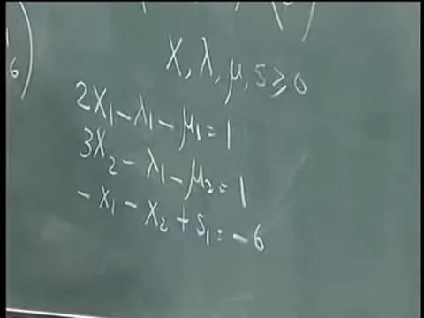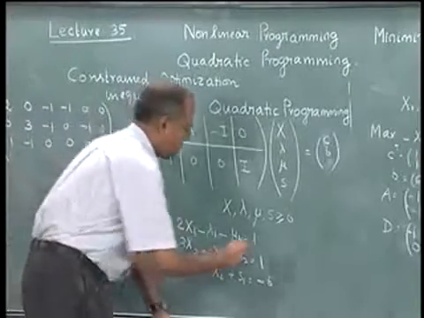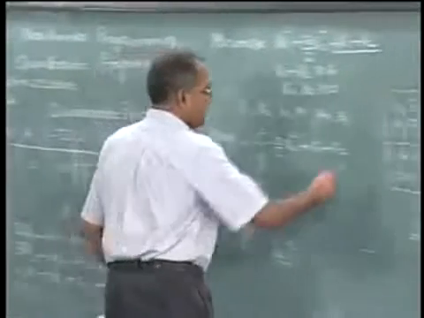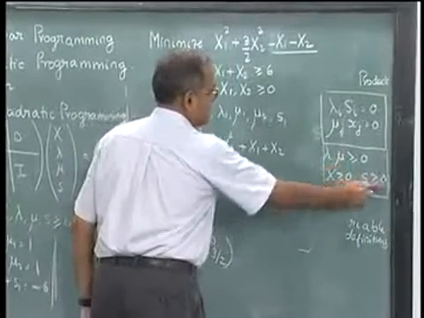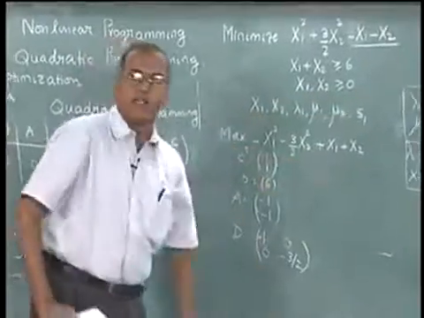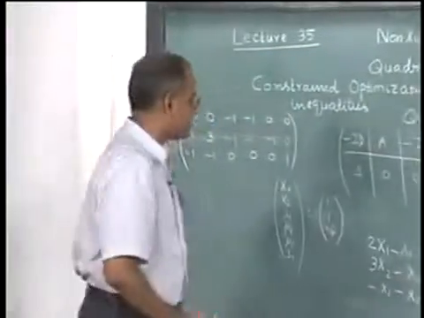So this is what we have here, and we need to solve this set of 3 equations subject to the condition that lambda, mu, x, s are greater than or equal to 0 and lambda i s i equal to mu j x j equal to 0.